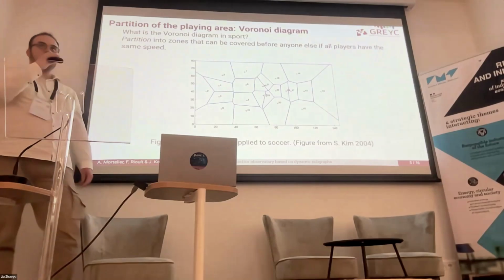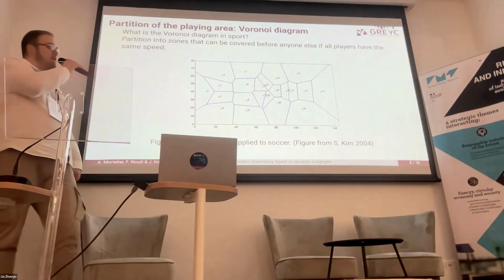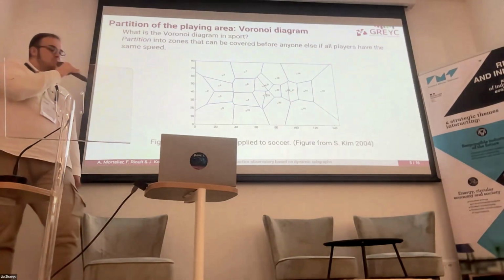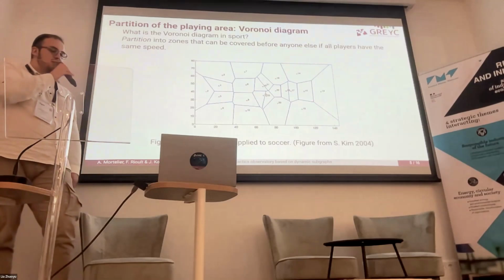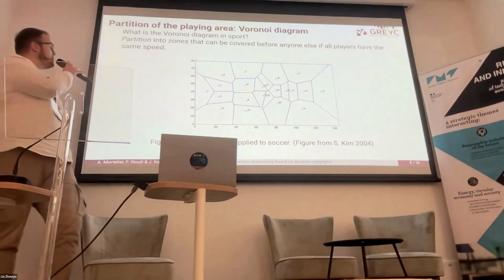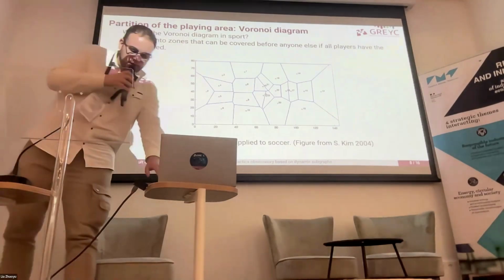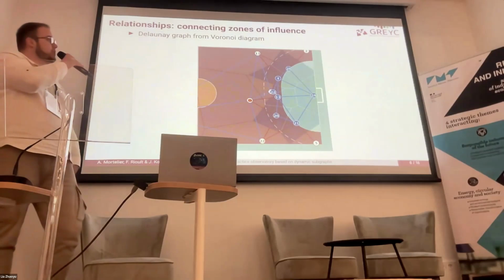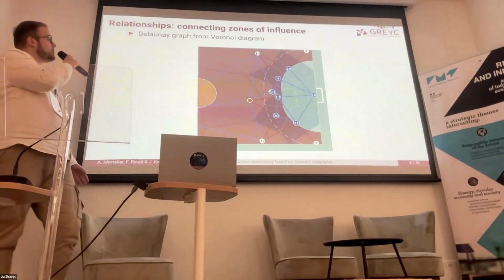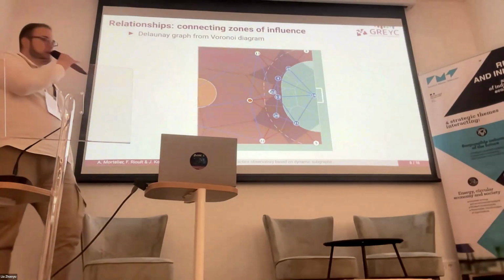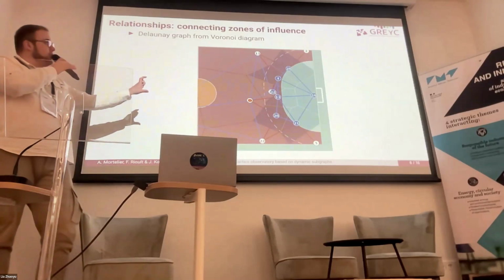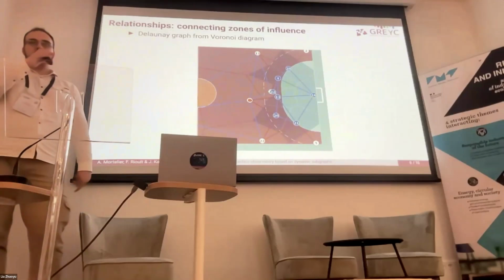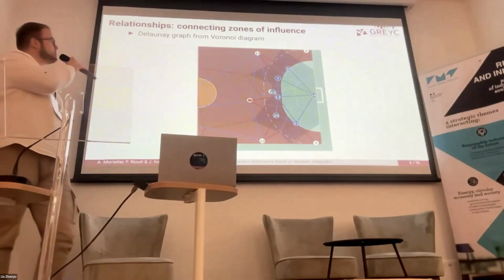We use a Voronoi diagram. What is a Voronoi diagram in team sport? It's a partition into zones that can be covered before anyone else if all players have the same speed. And this is how we create a relationship between nodes with Voronoi and its dual, Delaunay. We create a link, an edge, when two partitions touch each other.